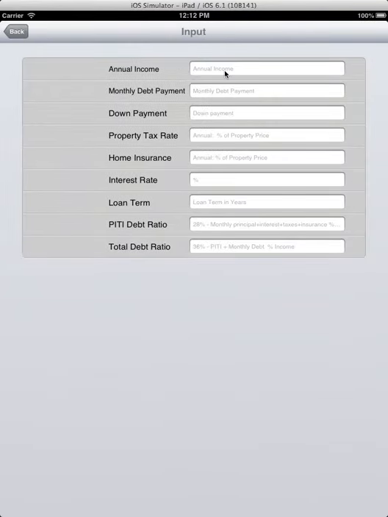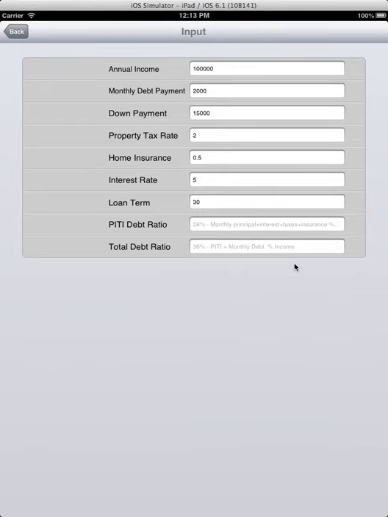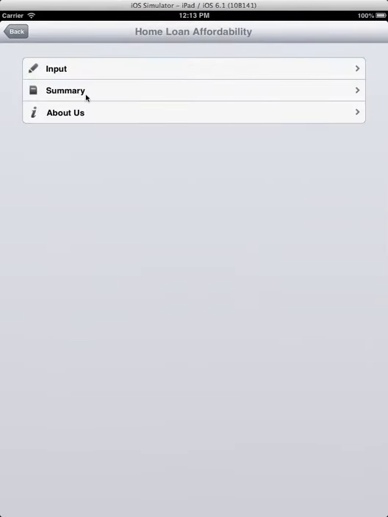Say affordability. Here we enter the inputs: annual income is 100,000, and monthly debt payment is 2,000. Down payment in dollar amount is 15,000, tax rate is 2%, property insurance is 0.5%, interest rate is 5%, loan term is 30 years, and the PITI or total debt ratios are by default 28 and 36%, but you can also change them.